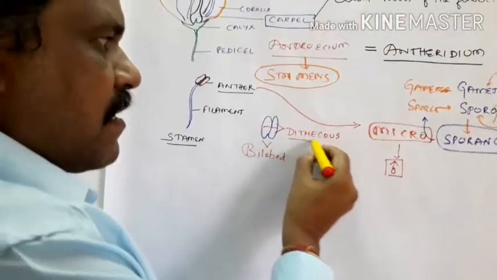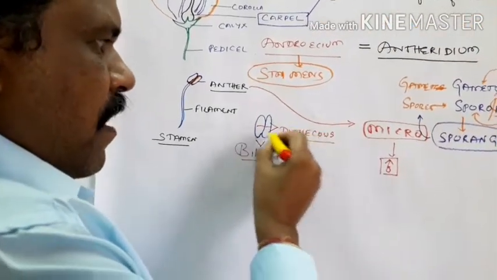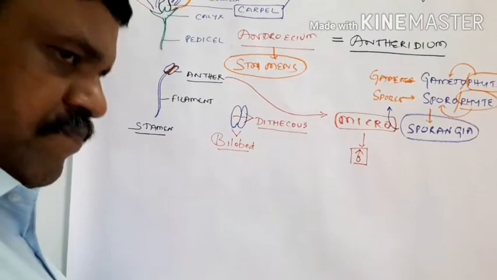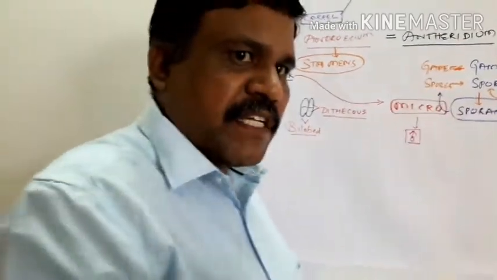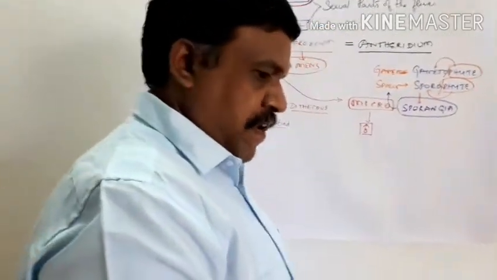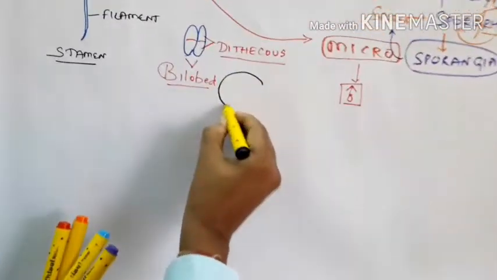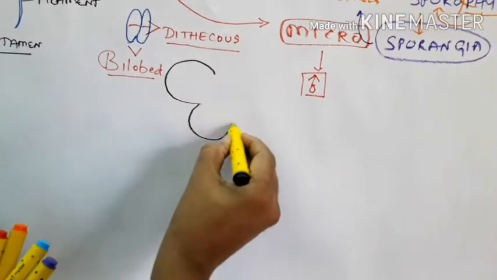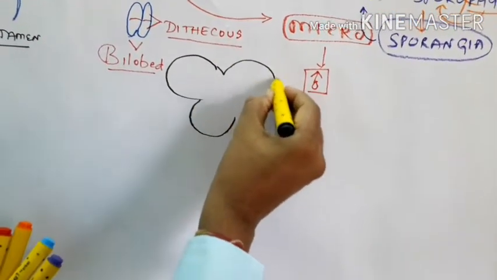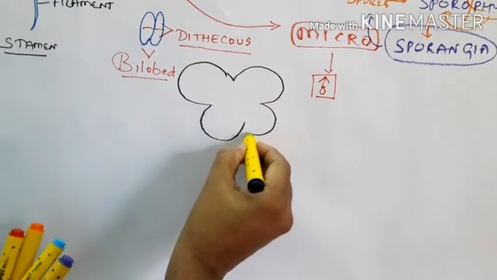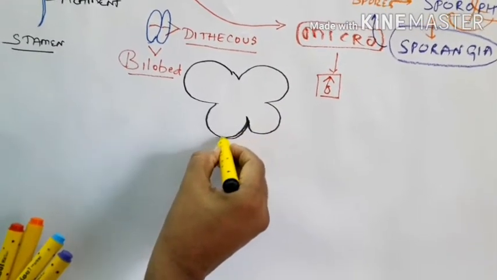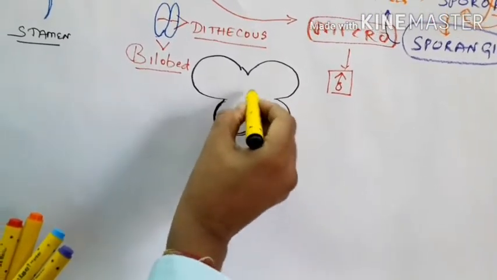So it is dithecous. If you enlarge this diagram and take a transverse section, the lobed structure will appear like this, children. See, like a butterfly shape, right?